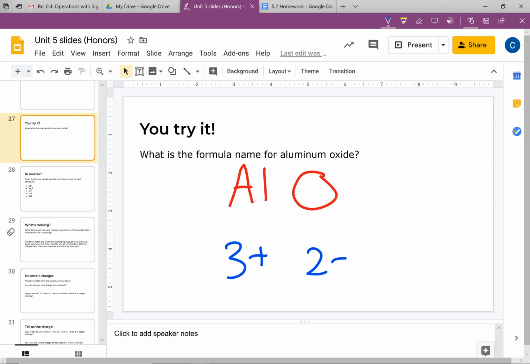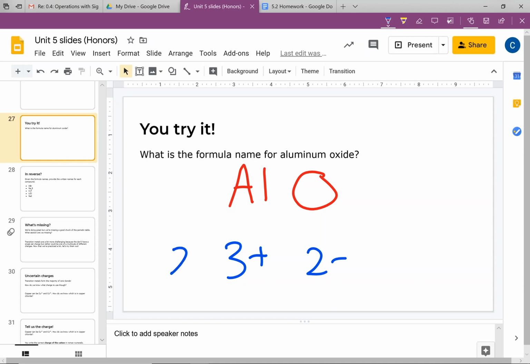Okay, this one's a little bit trickier than the previous two even, because we can't just multiply the 2- by a certain amount to equal 3+, but we need a set number of the same charges. So we need a like multiple between these two. So we have 3, we have 2 here, and it may not seem obvious right now, but the common multiple between these two things is going to end up being 6.